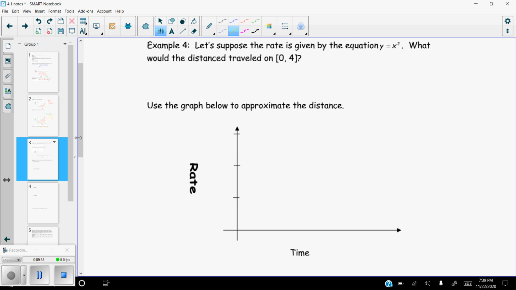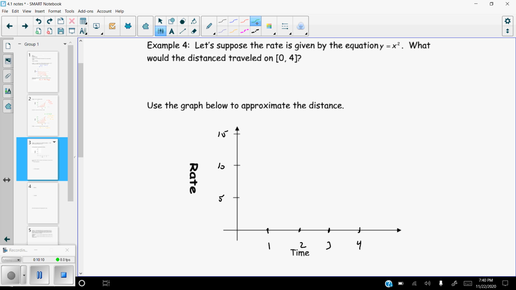So if we were to sketch y equals x squared between 0 and 4, so let's say this is 5, 10, 15 for our height, and I'm going to do my best here to make these evenly spaced. 1, 2, 3, 4. Probably about as good as I'm going to get. So that would be time 1, 2, 3, 4. So we are trying to find the distance traveled between 0 and 4.